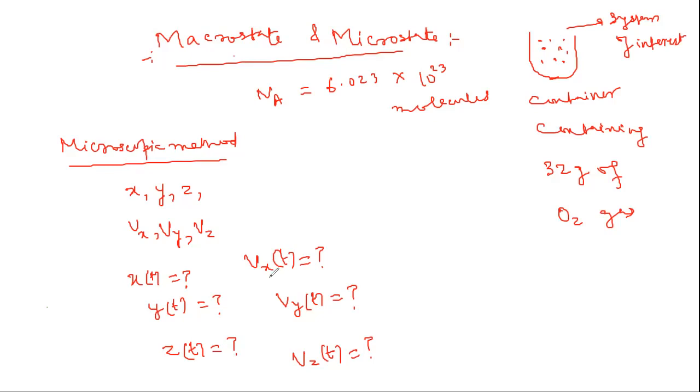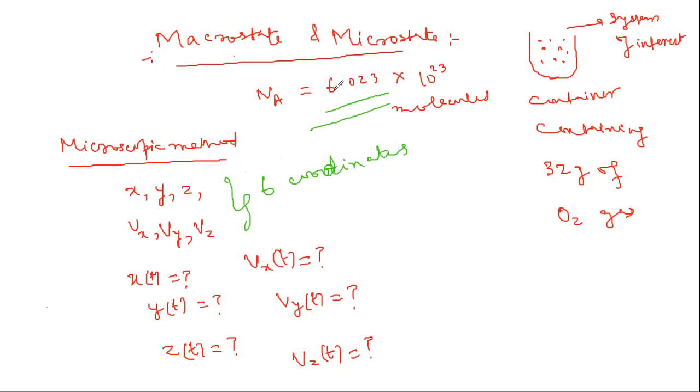Now, if you describe the system this way, for 1 mole, corresponding to each molecule you have these 6 coordinates, 3 velocity and 3 position coordinates.